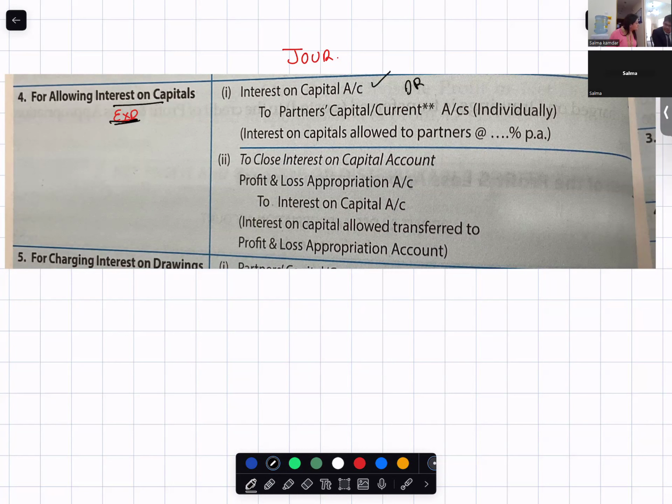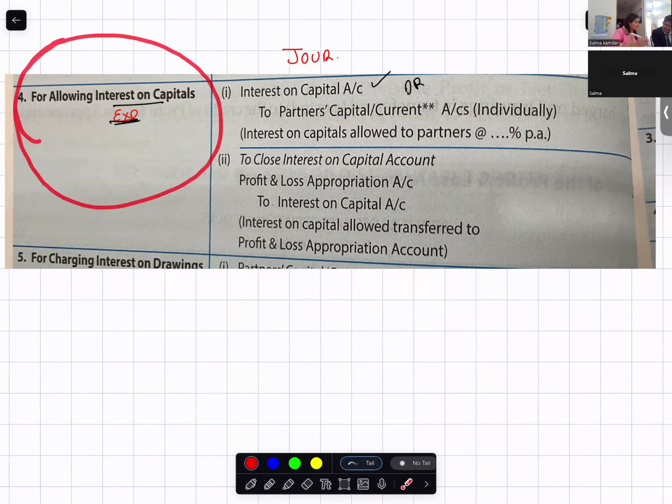To whom is this given? So I will credit partners capital or current account individually. This is the journal entry for interest on capital: interest on capital debit because it is an expense, and partners capital account credit.